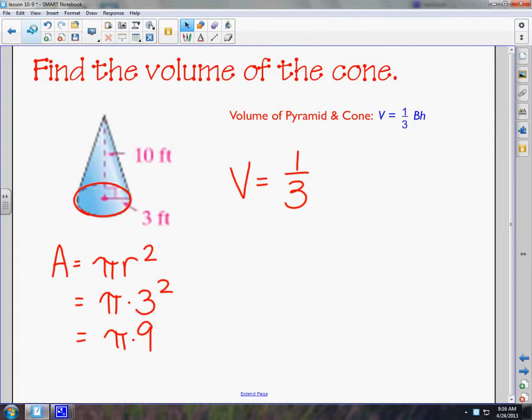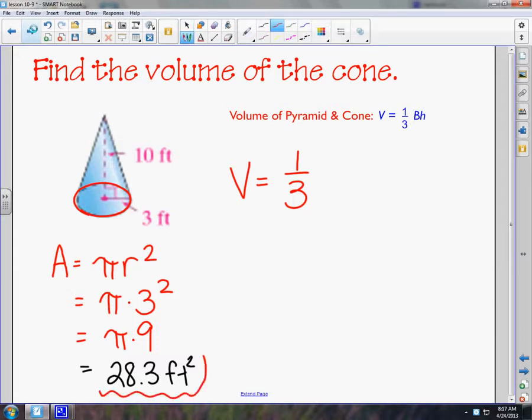So then you take out your calculator and you do pi times 9, and that equals 28.3 feet squared. So now I'm going to go back to my volume and put that in for the big B. This number is my big B, the area of my base. So 1/3 times 28.3 times the height, which is 10.